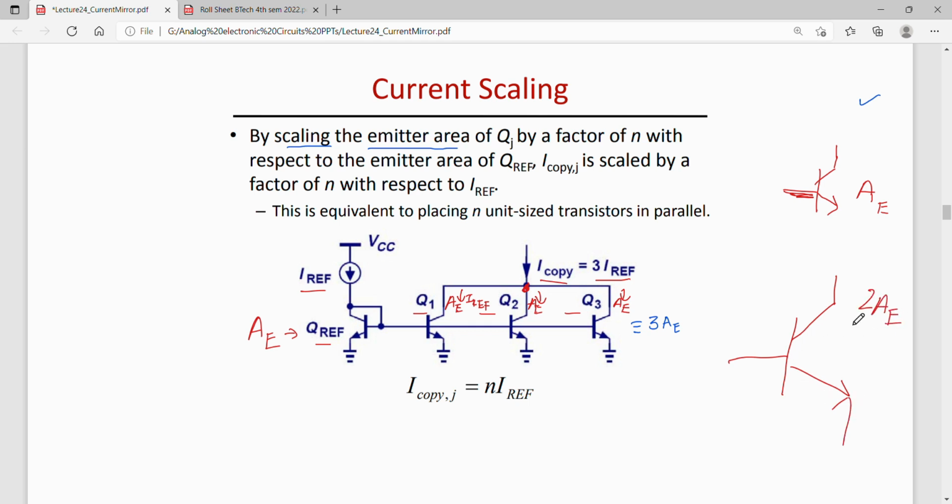Bigger means obviously the emitter area is larger. So the bigger transistor can be created from smaller transistors by connecting the smaller transistors in parallel.